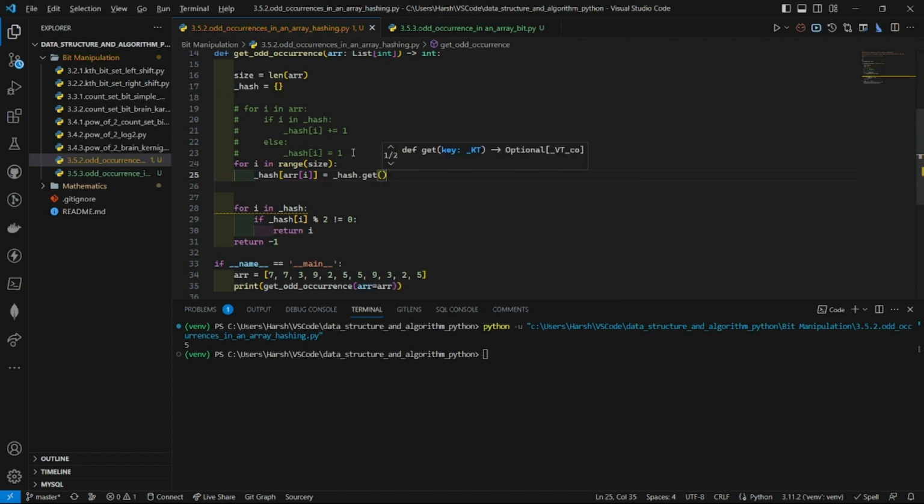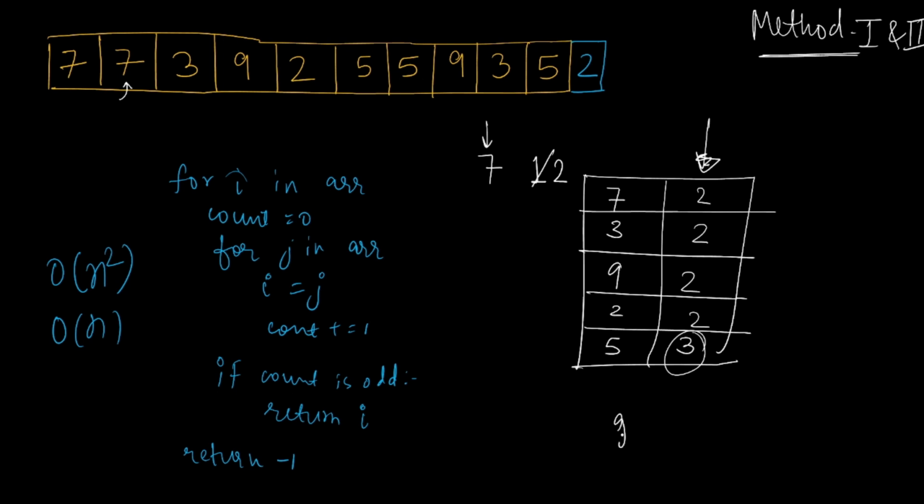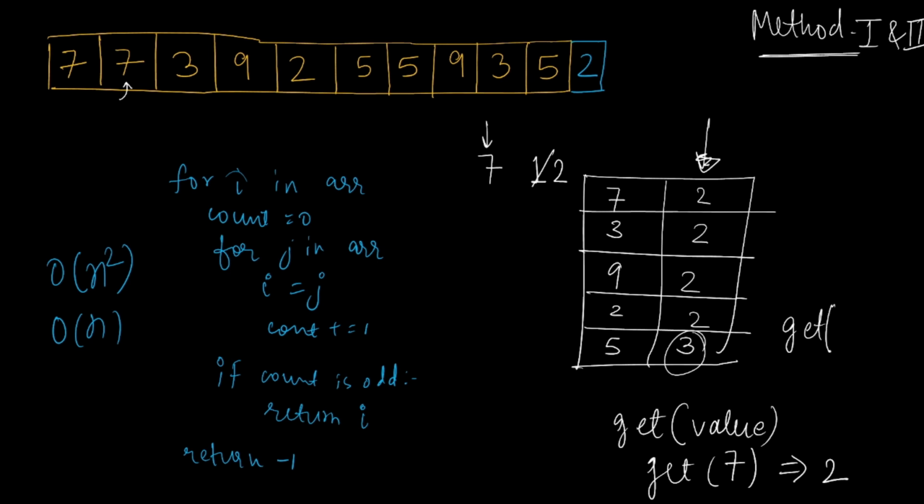What the get function does is generally take a single value, and if that number is present, it's going to return some value. So if I do get 7 when the hash is created, it's going to return me 2. Now if the value is not present, let's say 6, 6 is not present over here, it's going to return None.